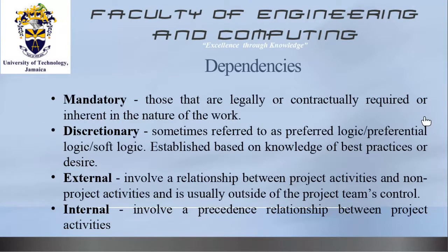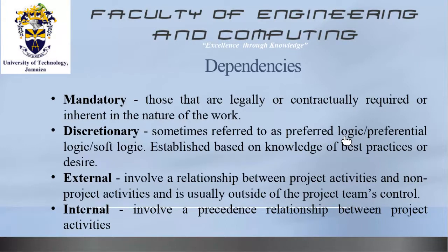We spoke earlier about dependencies. We need to recognize that there are four main types of dependencies when we speak of dependencies in project management. There's the mandatory dependency that is legally and contractually required, or inherent in the nature of work, meaning you must do them to accomplish your objectives. There are discretionary dependencies, sometimes referred to as preferred logic or preferential logic, or in some texts soft logic.